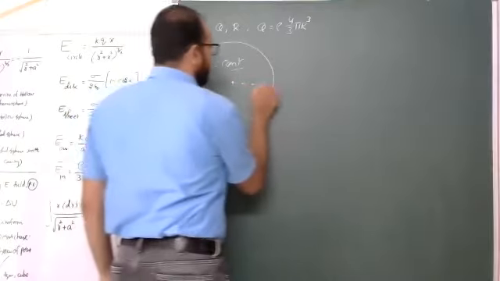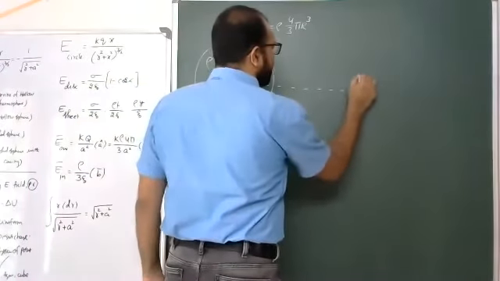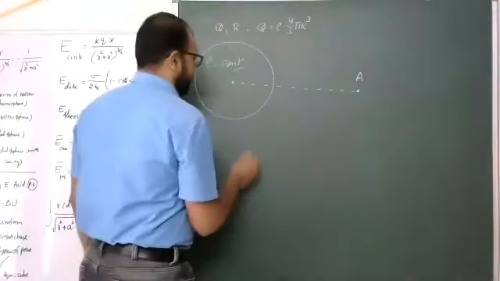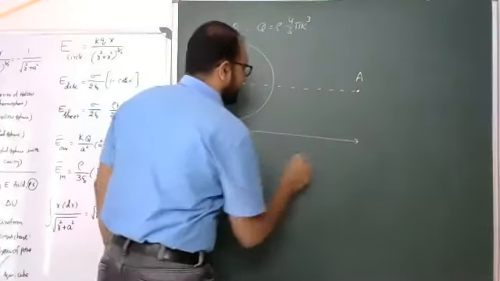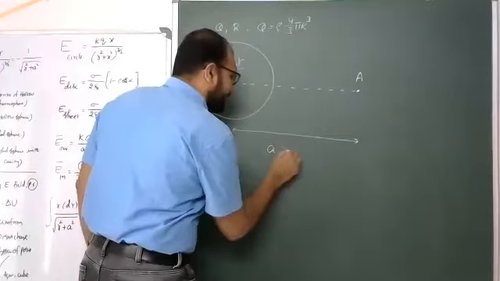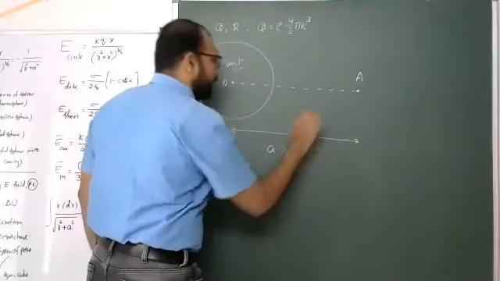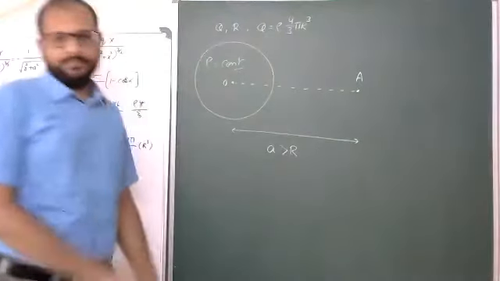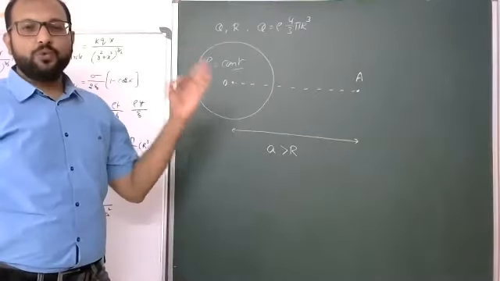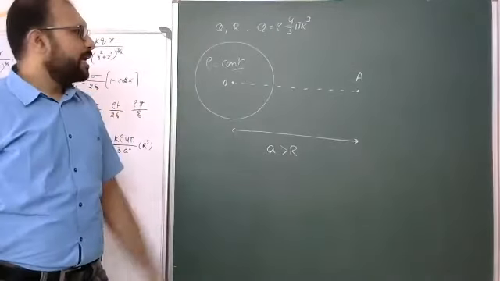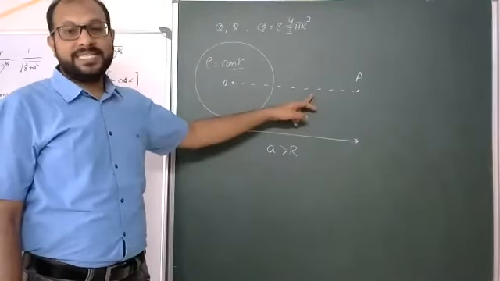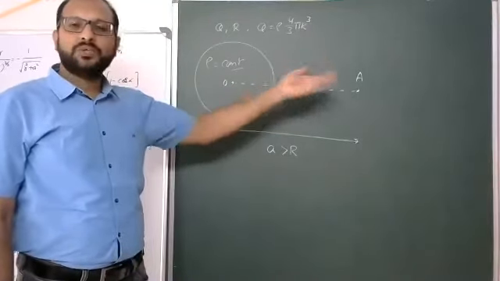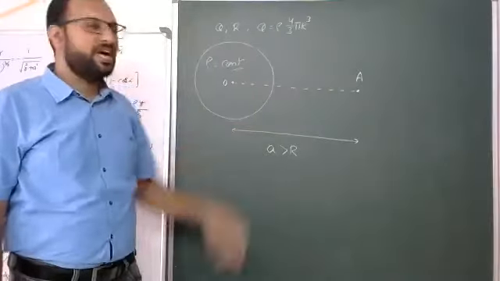Yes, now students, here also 2 points I am taking. Point number A: from the center, this distance is small a, it is greater than capital R, meaning an outside point. For the outside point, the electric field intensity is kQ by r square only, the same formula, just like a point charge.